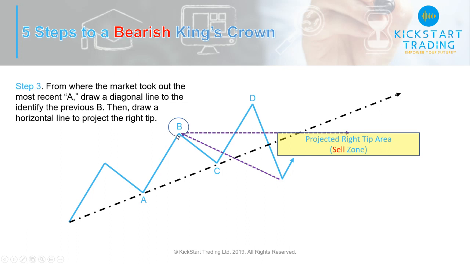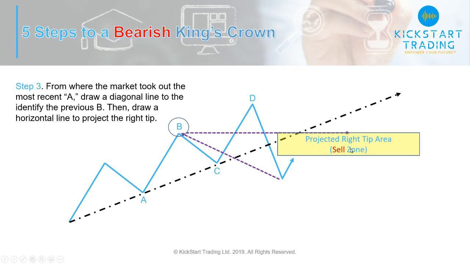Well, it's actually still part of step 3, so we'll call it 3A, right? Because the idea is to identify the previous B, which is the left tip, and then project the right tip. And so what we're going to do is first put in a diagonal line to identify the previous B, and then from where that previous B is located, we're going to put a horizontal line in place, and that's going to give us our projected right tip area.